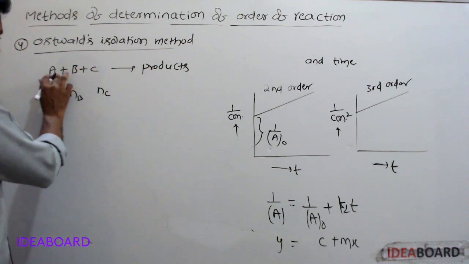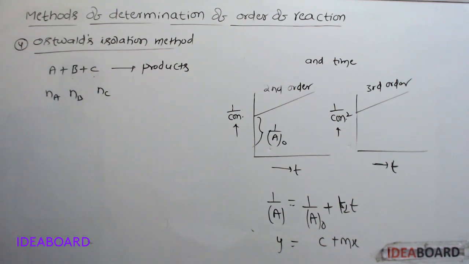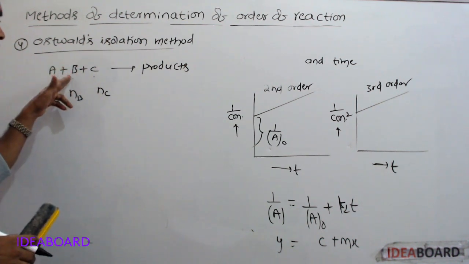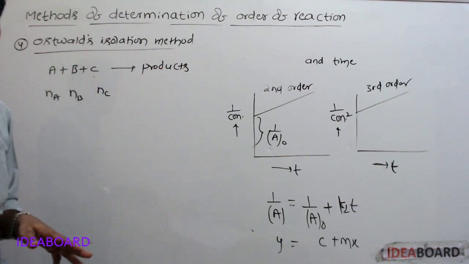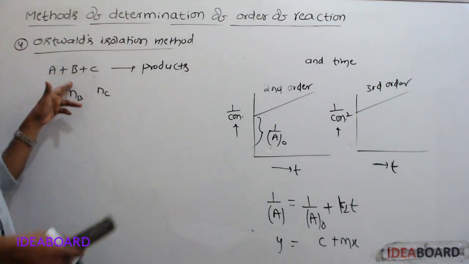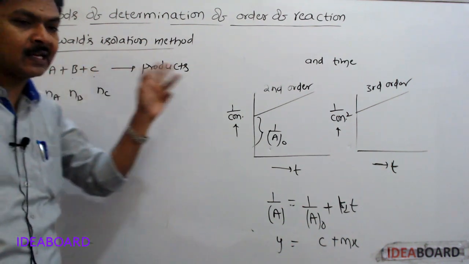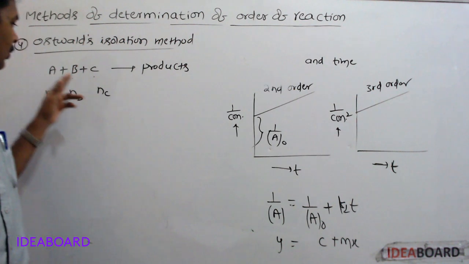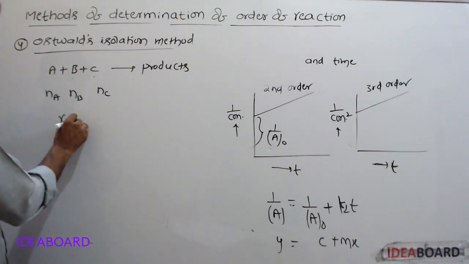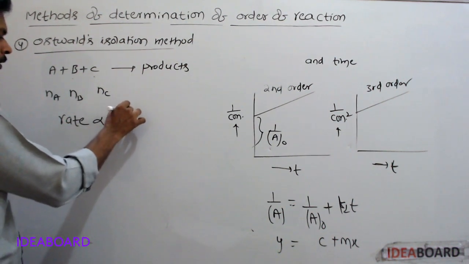Suppose in this reaction we take excess of B and C, a large amount of B and C. Then the rate of reaction does not depend on B concentration and C concentration. The rate depends only on A concentration. Rate is directly proportional to [A]^Na.